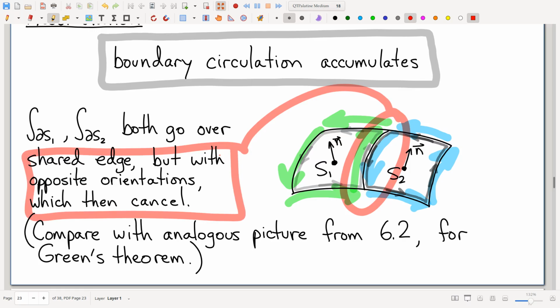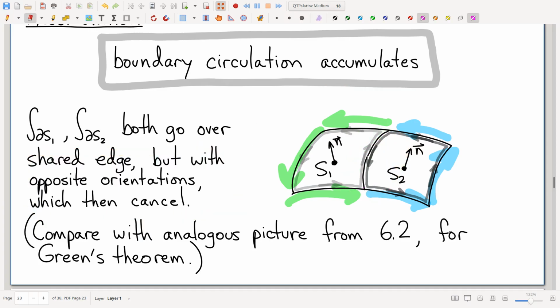And the whole point is that on this shared purple edge, we're going that way as part of the green boundary, we're going the other way as part of the blue boundary, and they cancel. All that cancels, and notice, as required, we get the boundary circulation of the whole. So boundary circulation accumulates.